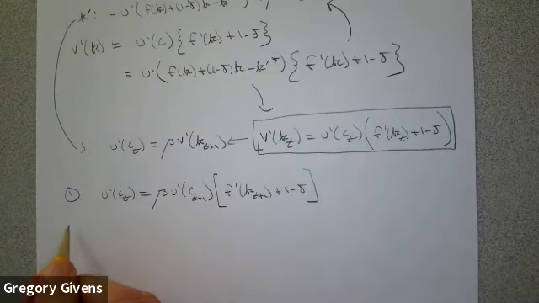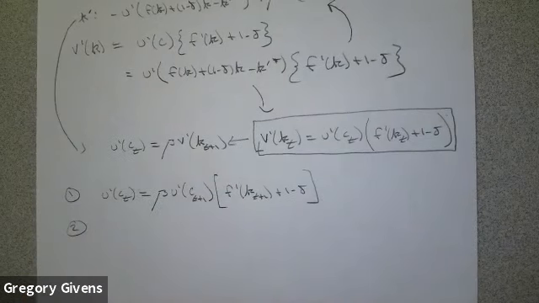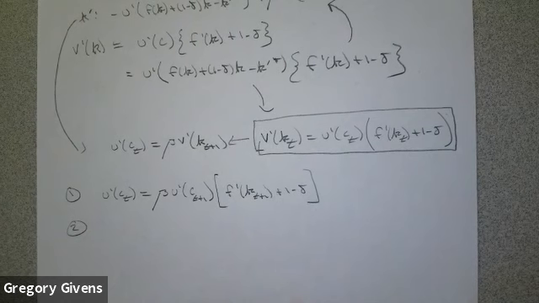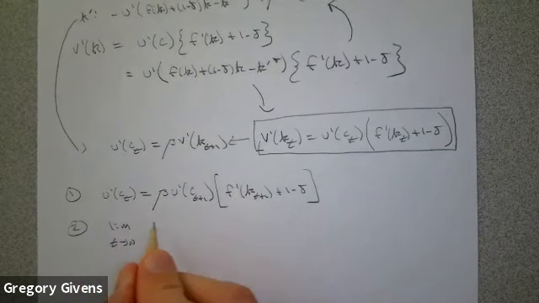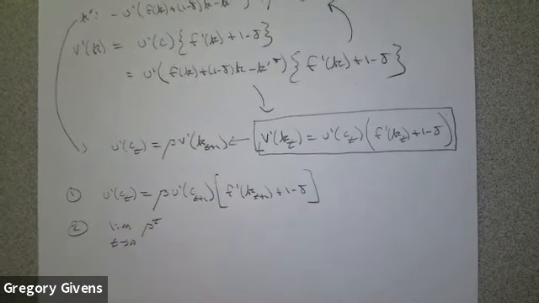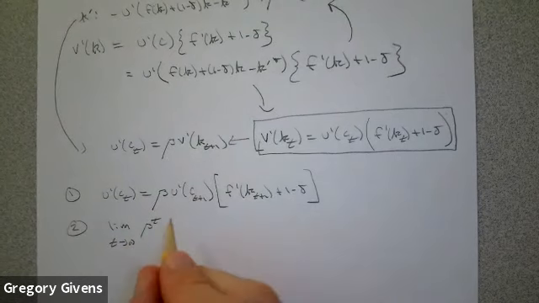What is the second key equation of this equilibrium? We've got the intertemporal Euler equation, but we need the transversality condition to hold along an optimal path as well. That's the limit as t goes to infinity of beta to the t times the marginal value of the state times the state.